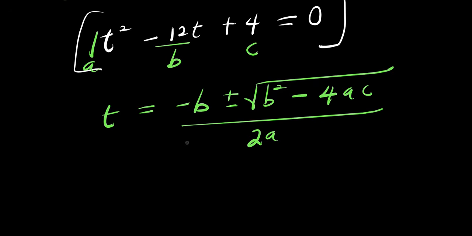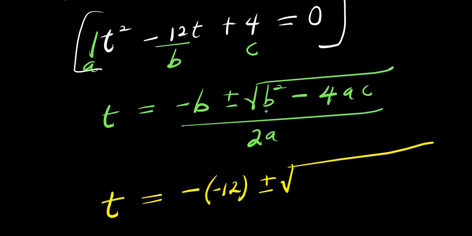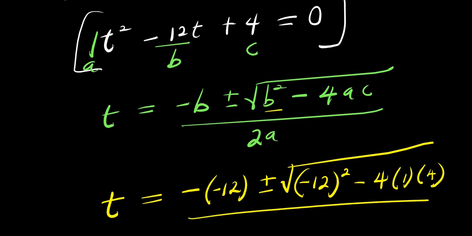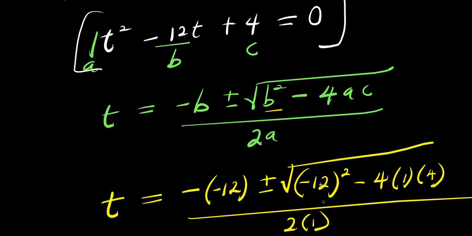So at this point, what I'm going to do will be to insert these values for a, b, and c. I have t equals negative b, negative times negative 12, plus or minus square root of b squared, this is negative 12, to the power of 2 minus 4 times a times c, that is 4, divided by 2 times 1.